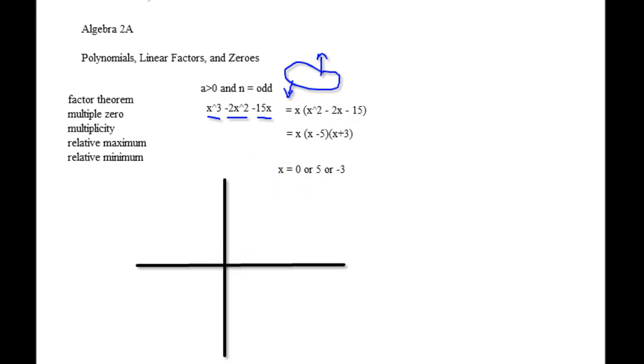So the rest of the graph is saying we cross. When you solve a polynomial for x, you're actually finding the roots or the zeros or the x-intercepts of the actual graph. So right off the bat, I know that it crosses at 0. I know that it crosses at negative 3.